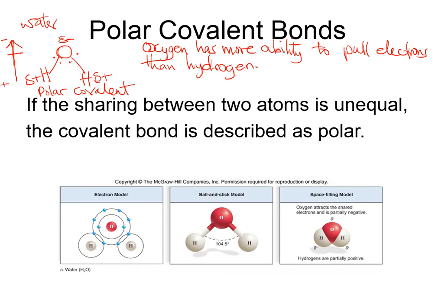So what is a polar covalent? A polar covalent is formed if the sharing between two atoms is unequal.